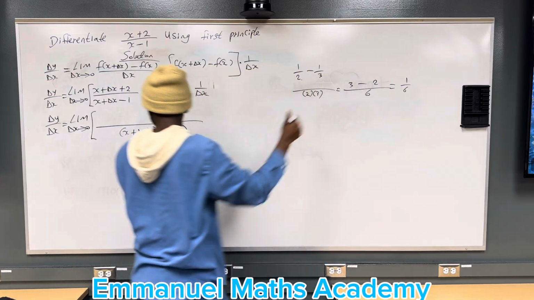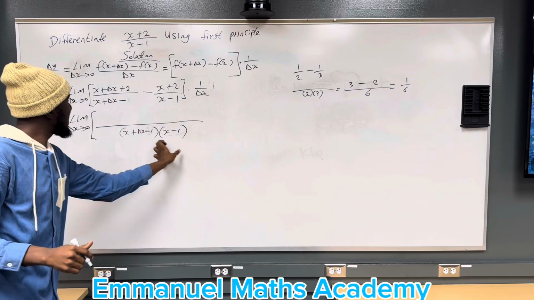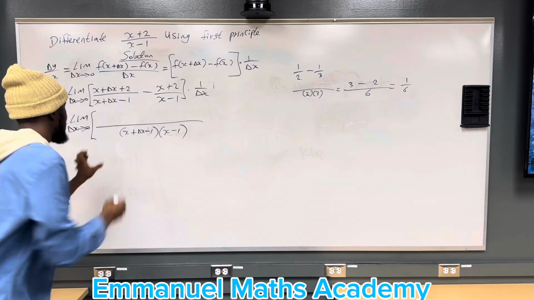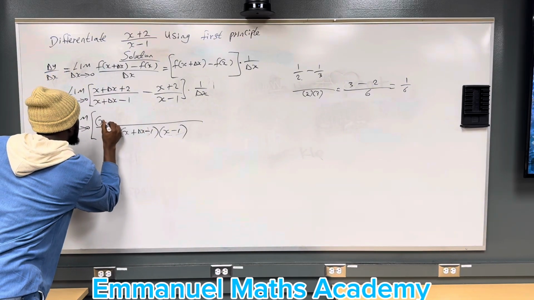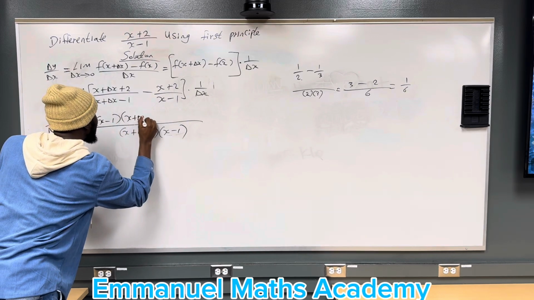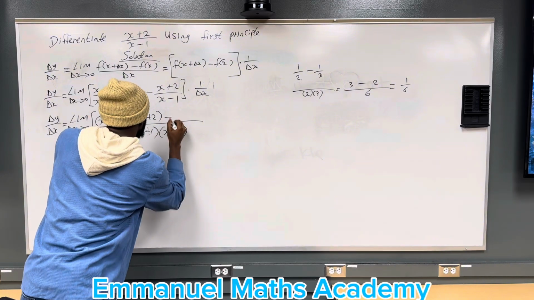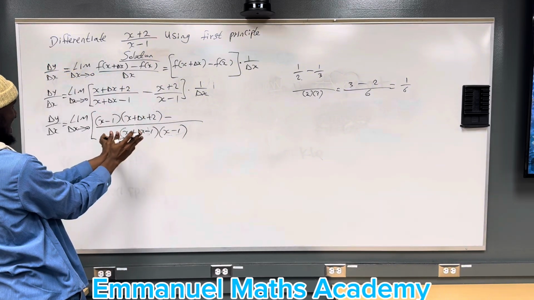So applying this now, this LCM divided by this, you have (x − 1) times this. You now have (x − 1)(x + delta x + 2) minus, you do the same thing here.